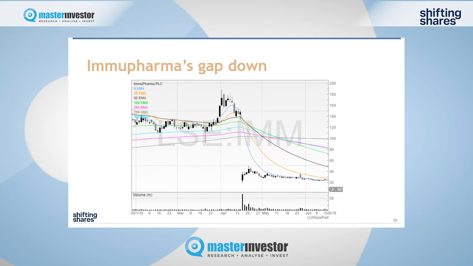Now, the problem here was that Beaufort Securities, the company's broker, ran a placing for its clients a couple of weeks before this phase 3 trial, and because Beaufort Securities went under, all of its clients weren't able to trade, and that means they were locked into this phase 3 trial with no way of buying or even selling the shares.